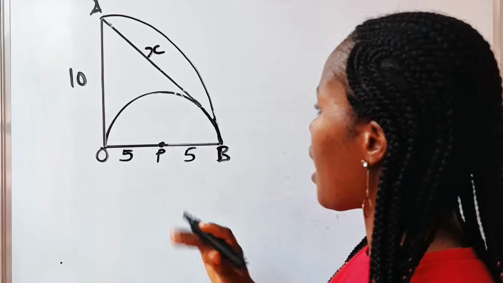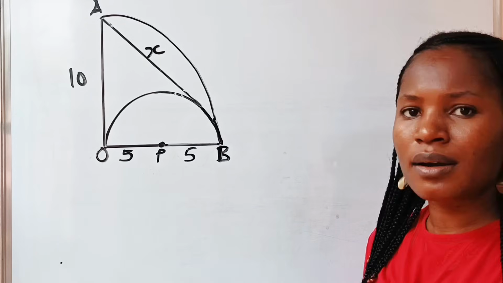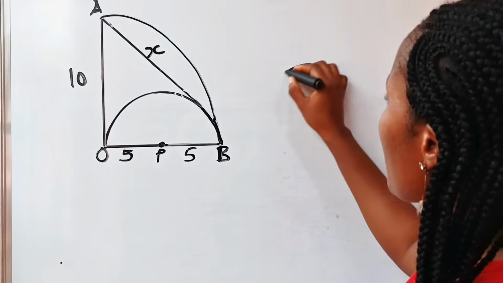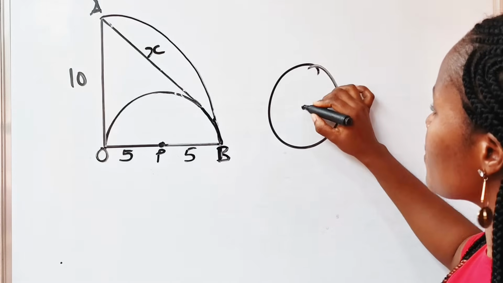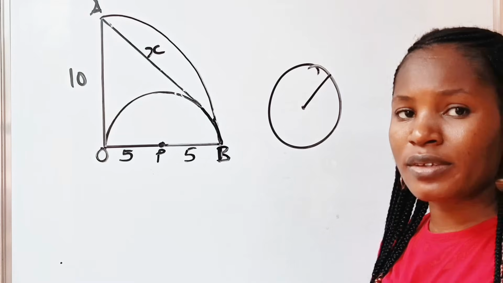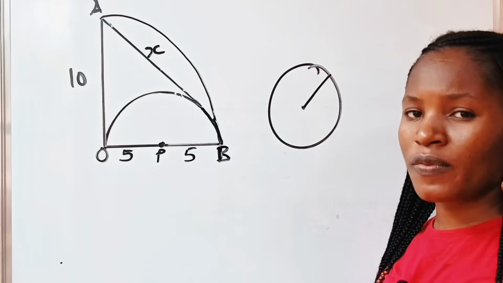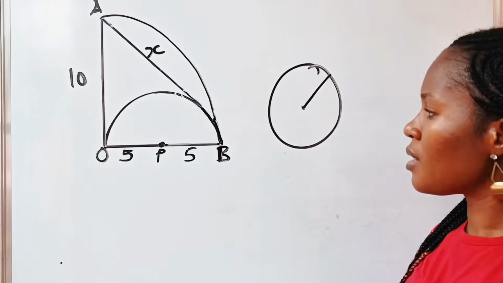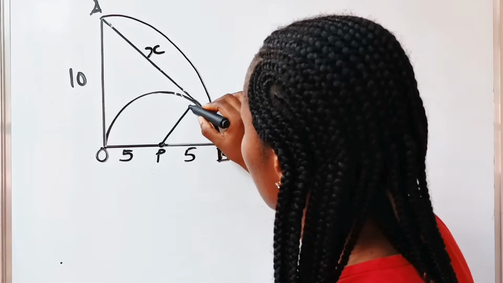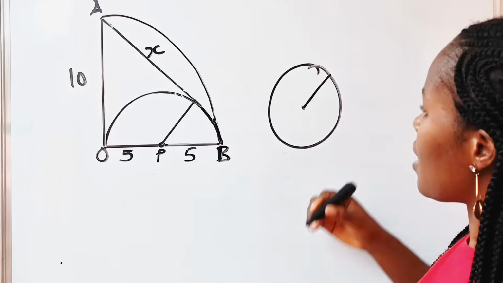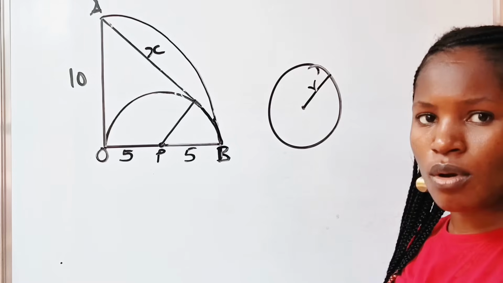Now, remember that whenever you have a circle and you draw a straight line from the center of the circle to any part of the circumference, you're going to get the radius of that circle. So if I draw this to this place, I've gotten the radius of this circle.